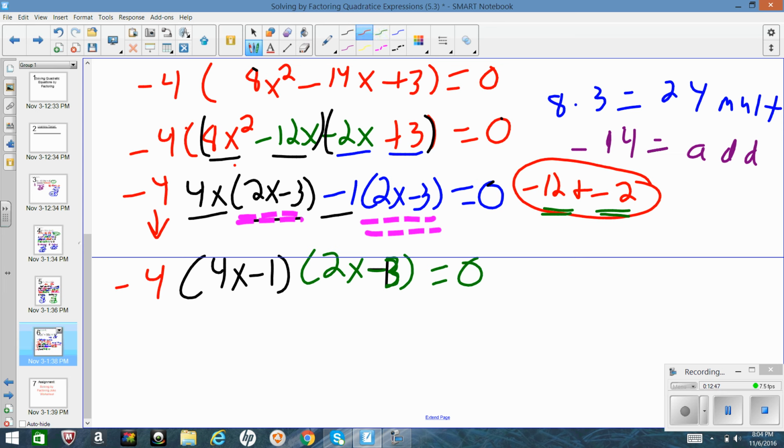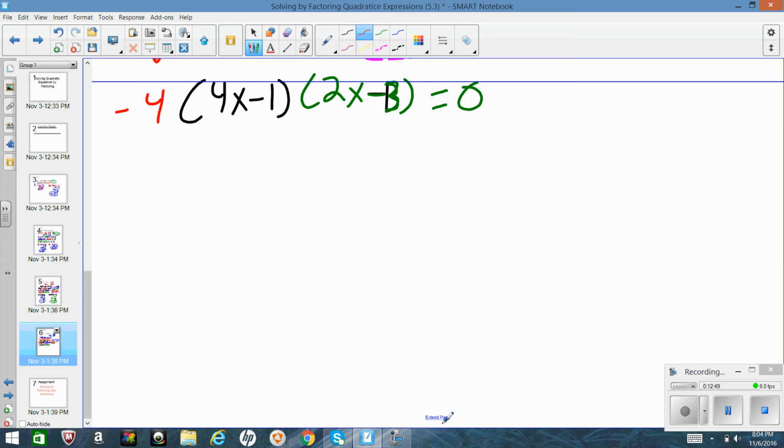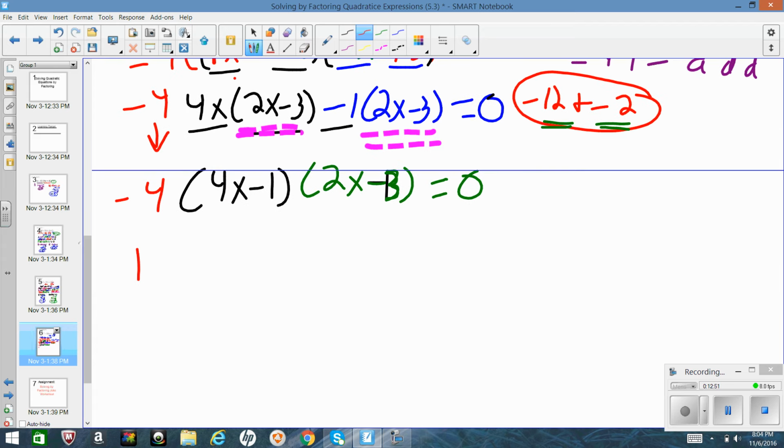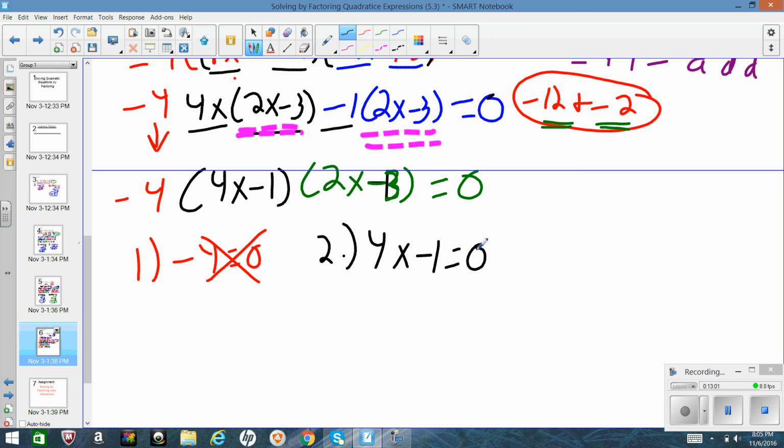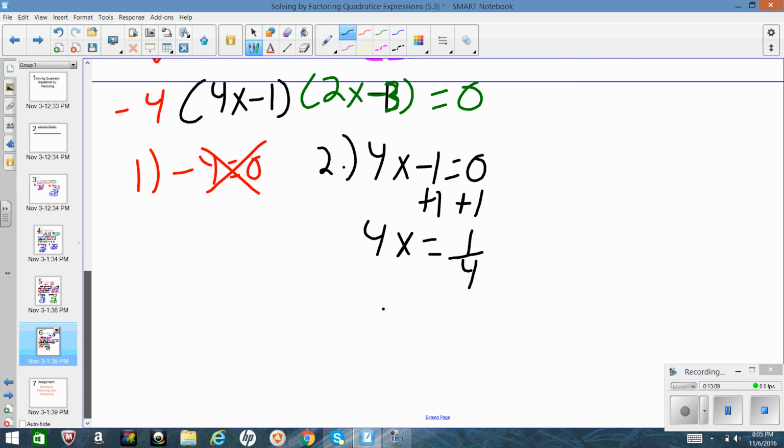So again, I can set all these terms equal to 0. First, I have -4 equals 0. Well, that doesn't work, so no need to worry about that. Secondly, I would have 4x minus 1 equals 0. So I can add 1, so 4x would equal 1, divided by 4, x would equal 1/4.